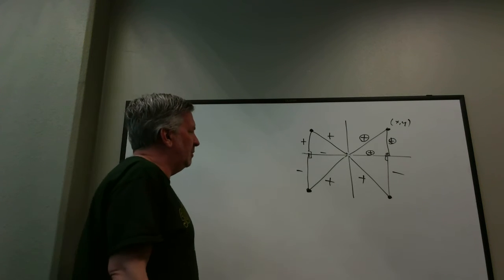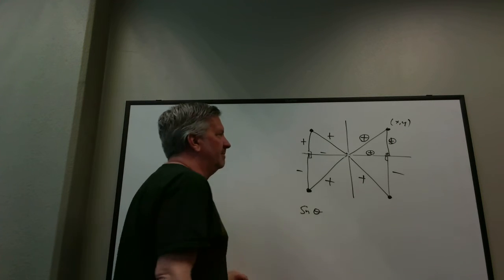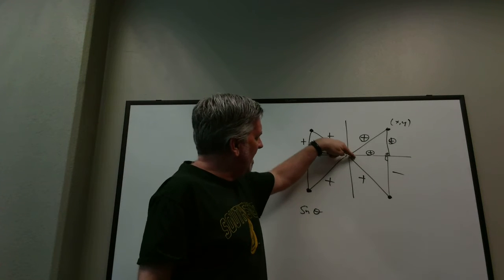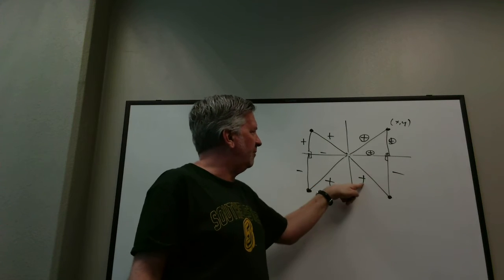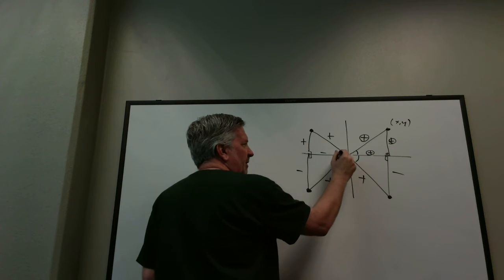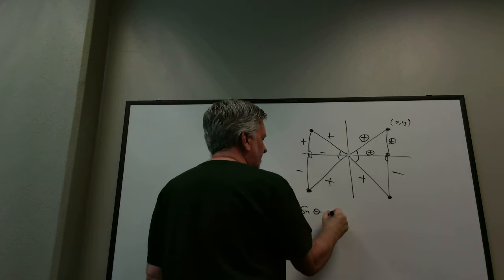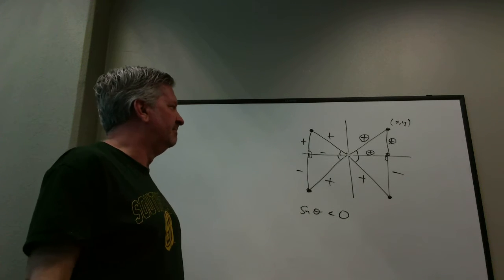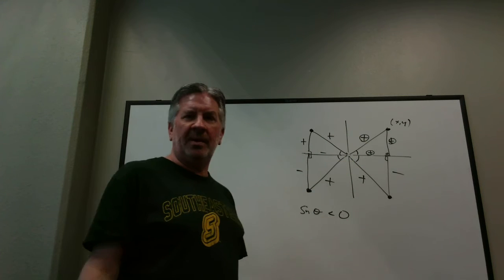What about, say, in the fourth quadrant? Suppose I was interested in sine theta in the fourth quadrant. Well, in the fourth quadrant, sine is y over r, or opposite over hypotenuse. Again, when I say opposite and adjacent, I'm referring to the angle in the triangle near the origin here. So sine is going to be negative in the fourth quadrant, isn't it? Less than 0. And cosine is plus over plus, so cosine is positive.